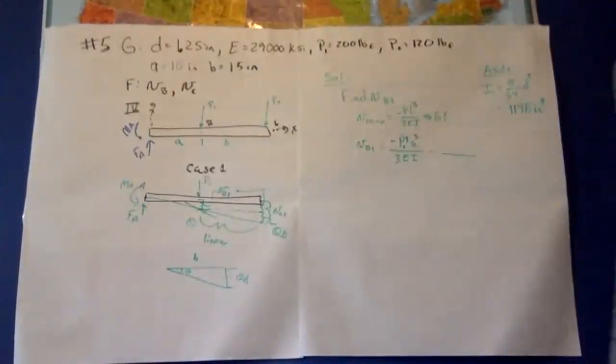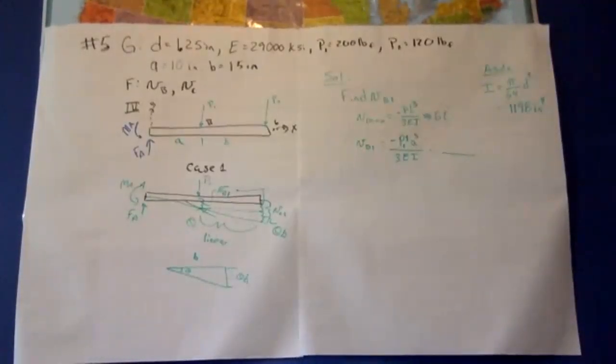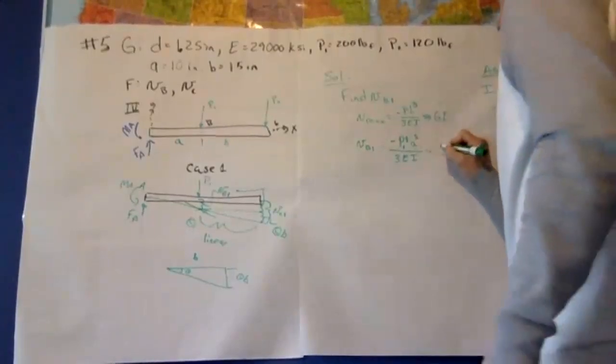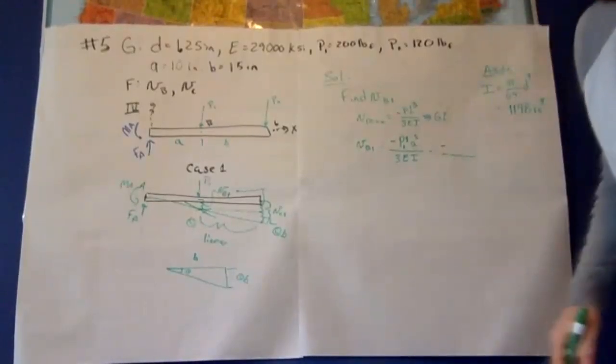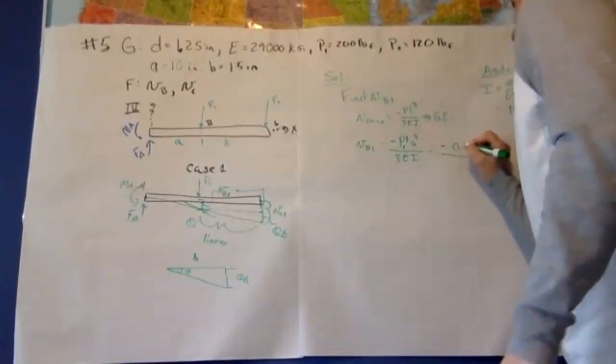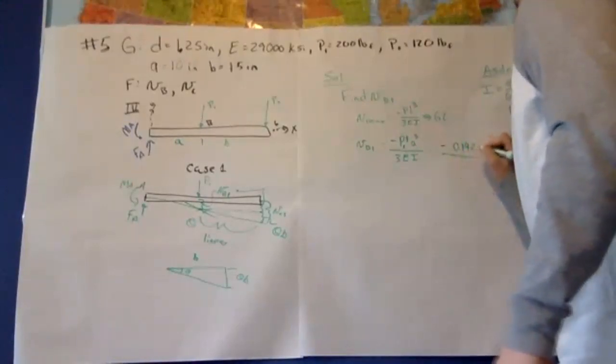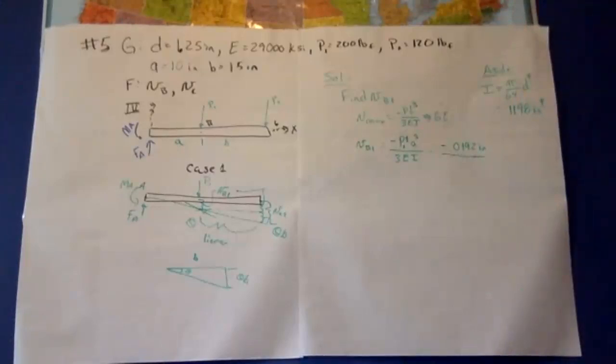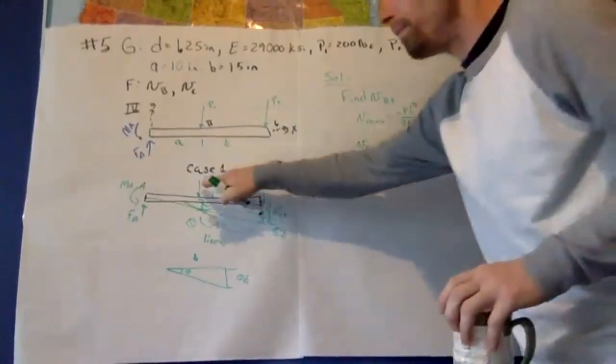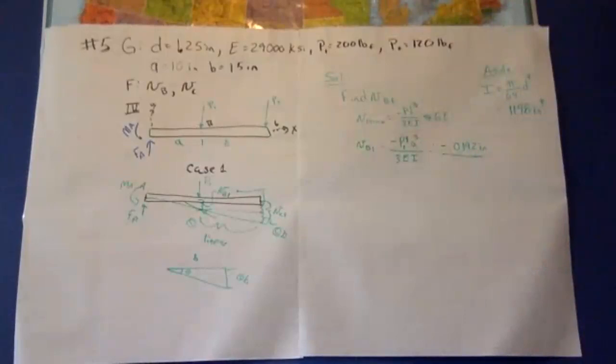If we put it in our calculator, it's going to be negative 0.0192 inches. So about 20 thousandths of an inch it deflects just from P1. Does that make sense?